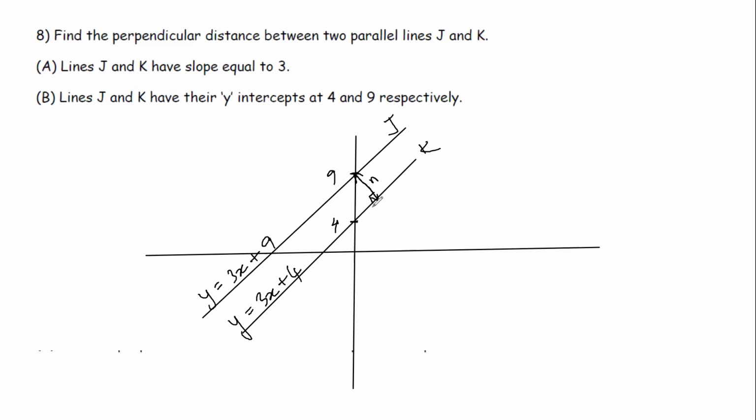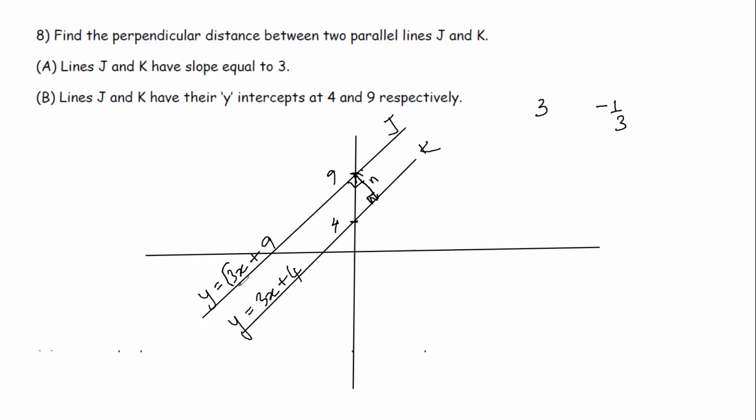And since it's perpendicular to both the lines J and K, right, J has slope 3, K has slope 3. So any line perpendicular to this one will have a slope of negative 1 by 3.